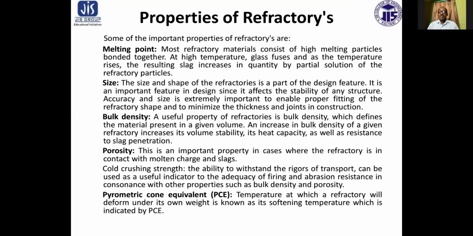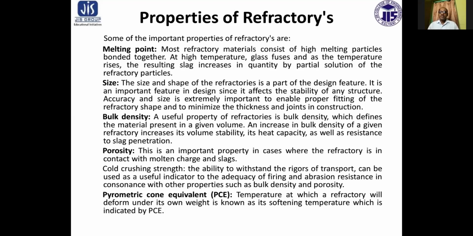An increase in bulk density of a given refractory increases its volume stability, its heat capacity, as well as resistance to slag penetration. Porosity. It is an important property in cases where the refractory is in contact with molten charge and slags.